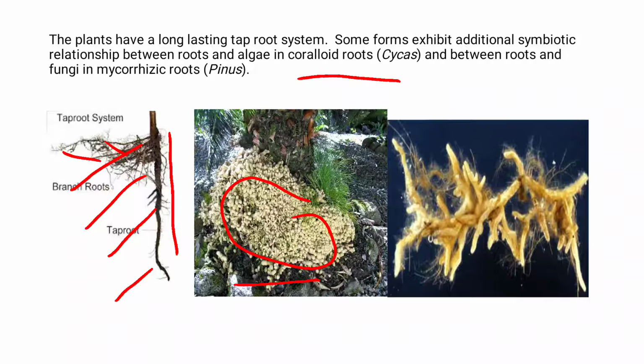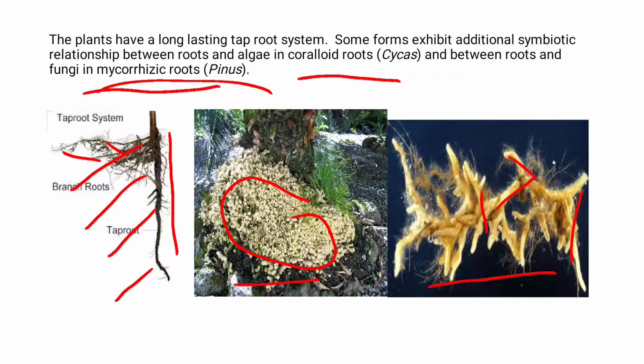In Pinus, I told you, the roots show symbiotic association with fungi. That association is known as mycorrhizal association, and these roots are commonly known as mycorrhizal roots in Pinus. Here you can see the normal roots, all white colored ones.